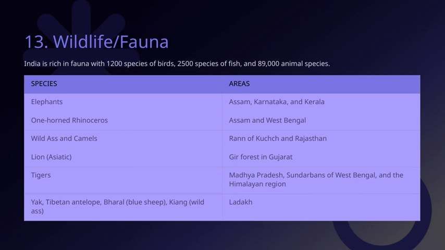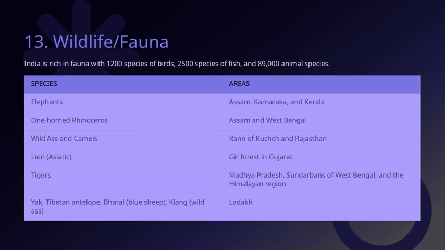In the arid regions of Rann of Kutch and Rajasthan, you'll find wild asses and camels, adapted to survive in harsh desert environments. The Gir forest in Gujarat is famous for being the only place where the Asiatic lion still roams in the wild, an icon of conservation success.